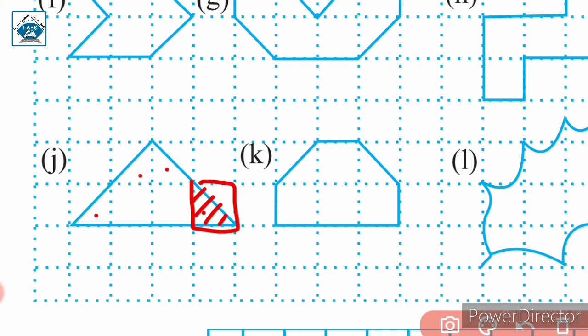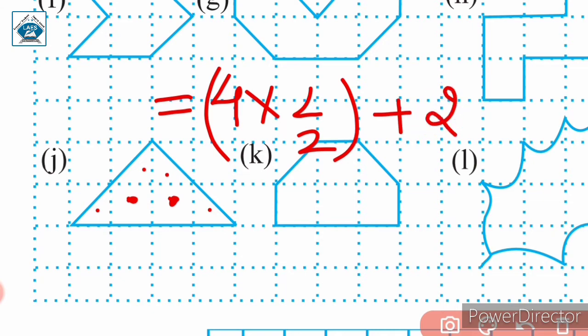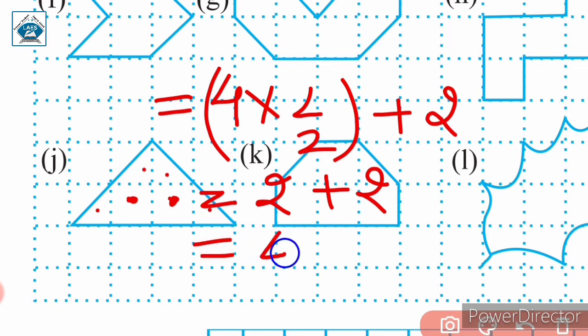So here this is a half square. How much is it? 1, 2, 3, 4. So for finding the area, क्योंकि 4 half squares हैं, we will multiply it with half. And number of completely filled squares is 2. So plus 2. So this is 2 plus 2, which is equal to 4 square units. So this is the area of this figure.